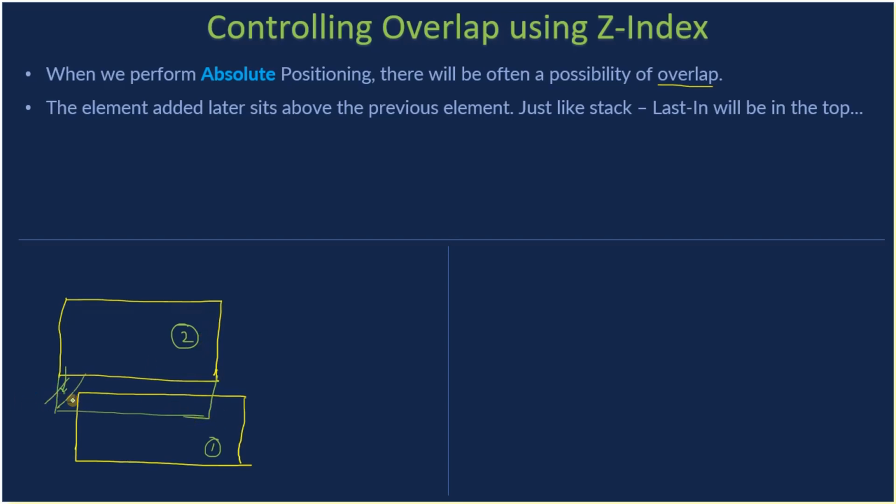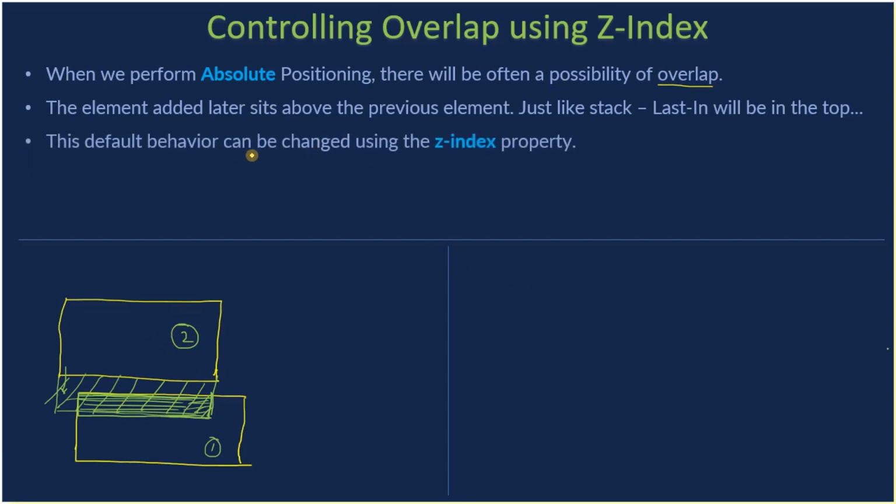Thereby the content of the second element overlaps the content of the first element, or it hides the content which I am marking here, right? This content will be hidden by the second content. So that's the default behavior.